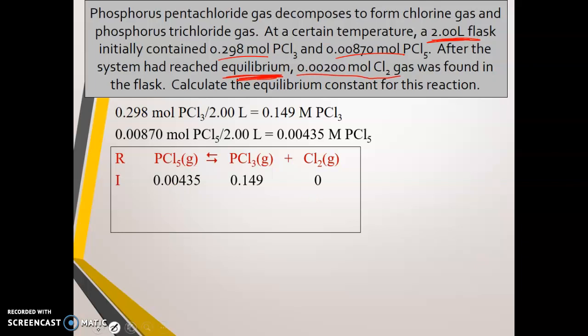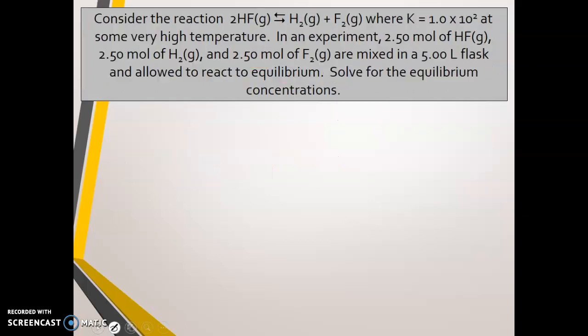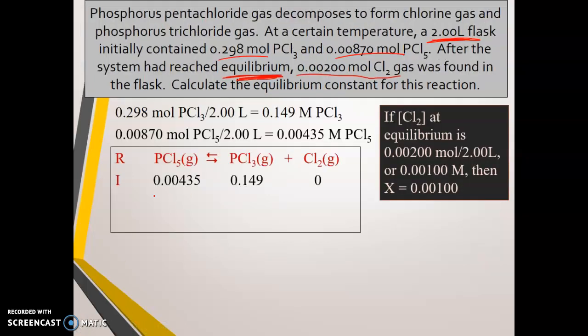So that means that for our change, we are going to decrease by x here, and we are going to increase by x and increase by x. Now, for our equilibrium, 0.00435 minus x for PCl5, and then 0.149 plus x. So you're just adding the I and the C line together to get your equilibrium line.